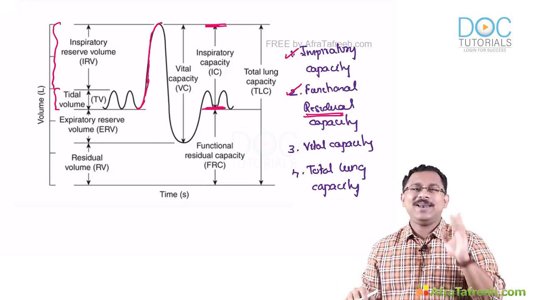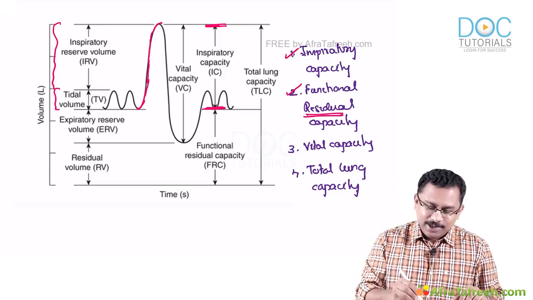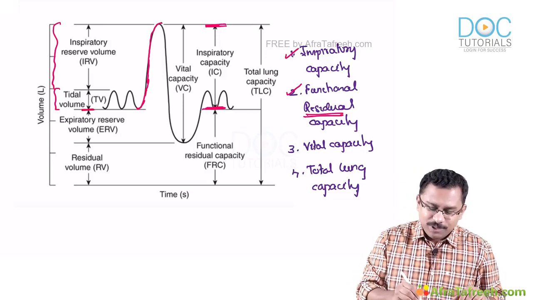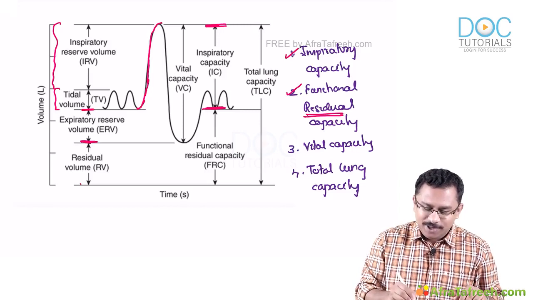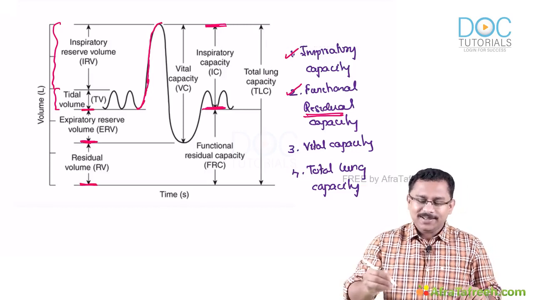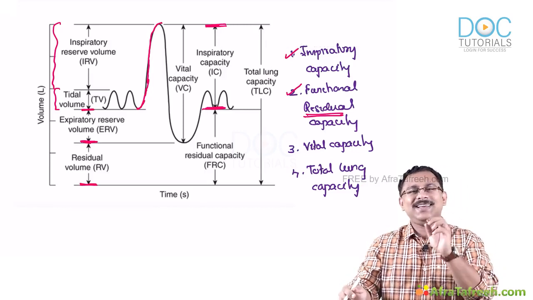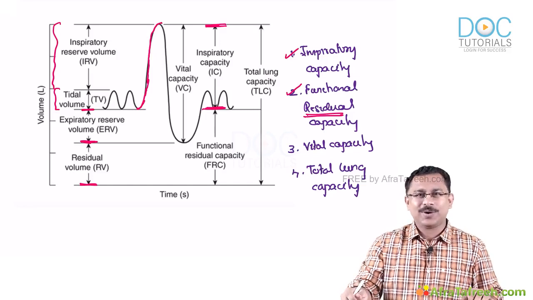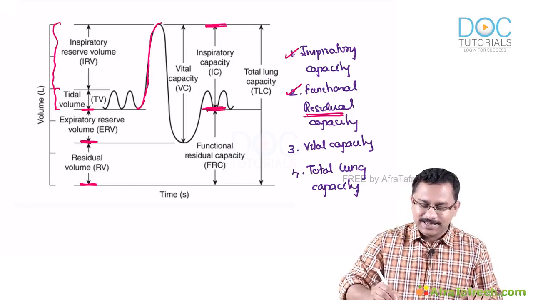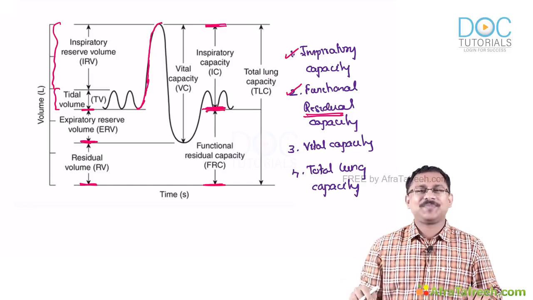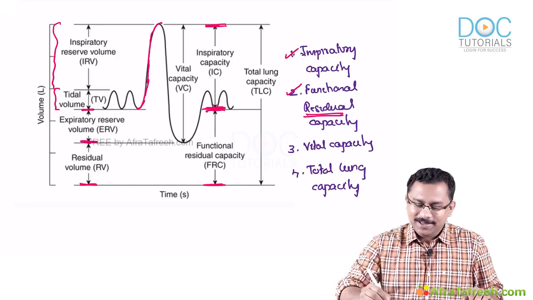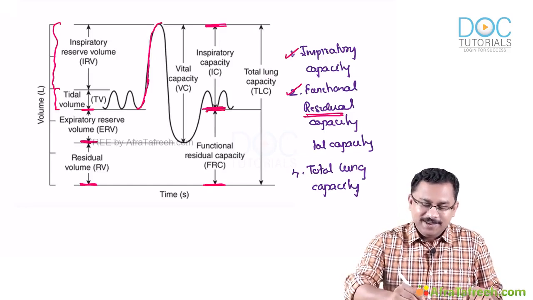It will be the sum total of your expiratory reserve volume and the residual volume. That will be your functional residual capacity. Clear? As you can see here, this is the FRC. All right, simple.